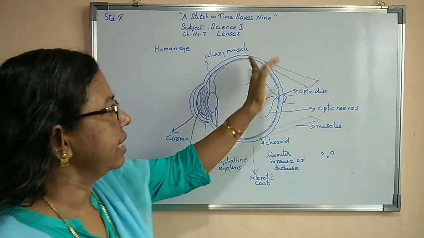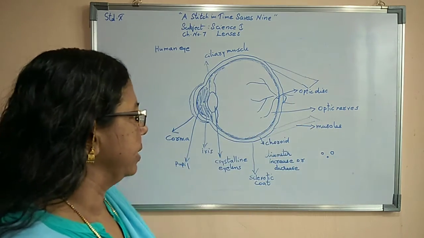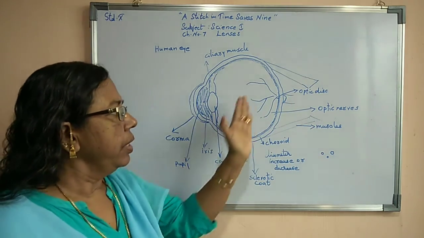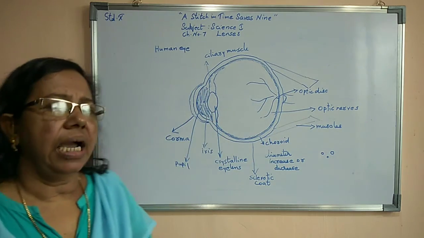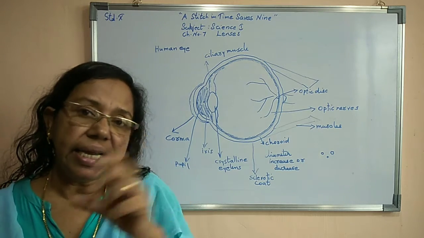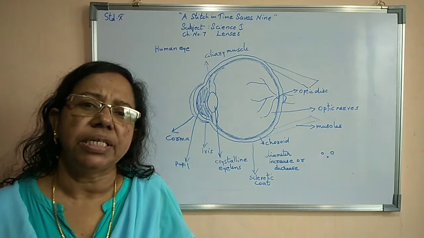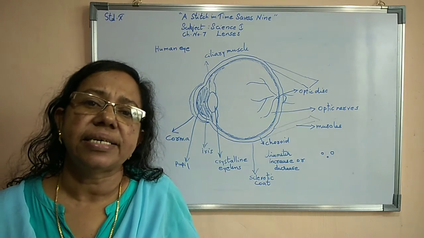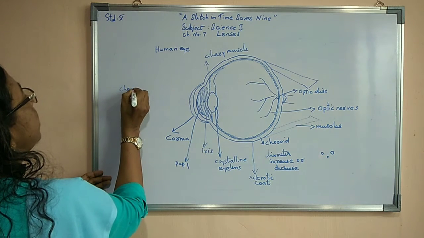So here also muscle is there, here also eye muscles are present. We can say that these are the eye muscles. Now here you people already studied the structure of the eye. Now one speciality is there, this eye lens. This eye lens has the capacity to change its focal length. Change the focal length means adjust the focal length.